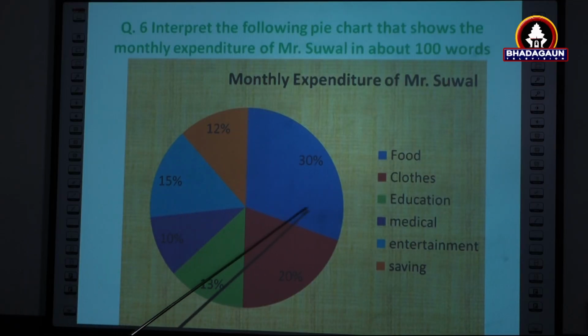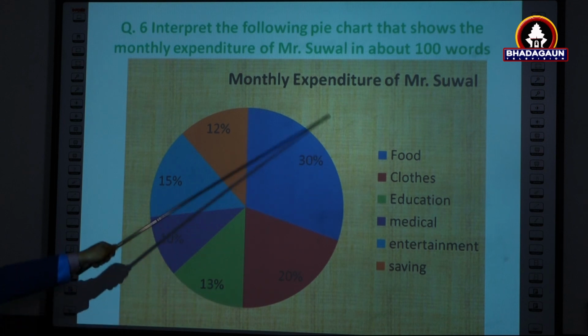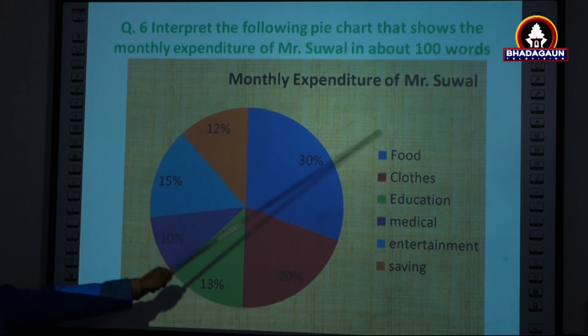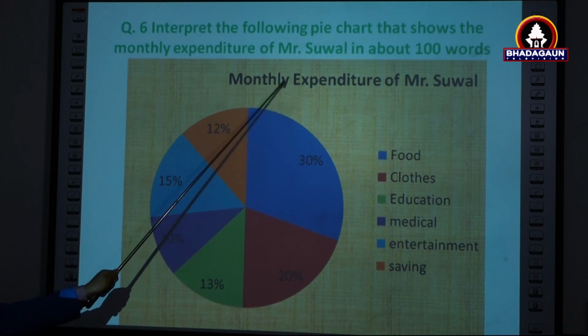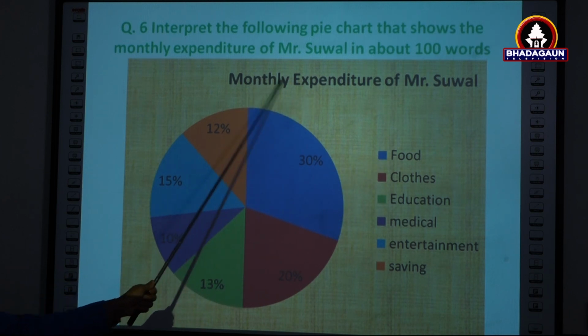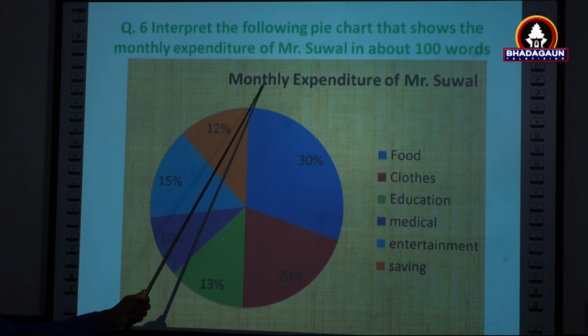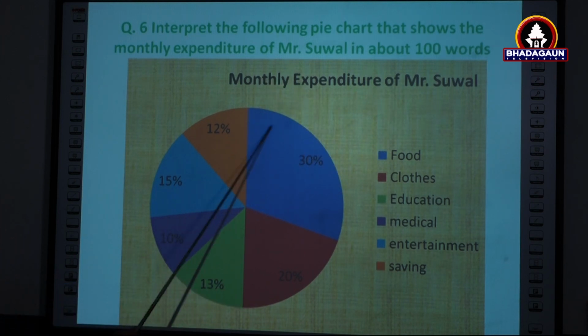After that you see the legends, this one, and what you see in this whole picture you have to describe, right? What you see you have to describe. For example, food, Mr. Sual's monthly expenditure. Mr. Sual spends his monthly income on these 1, 2, 3, 4, 5 categories besides the savings, right?